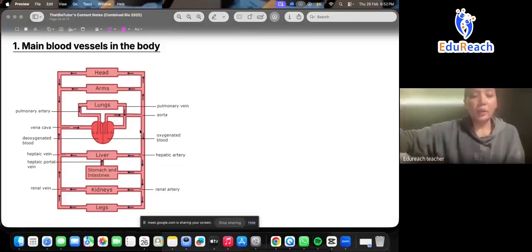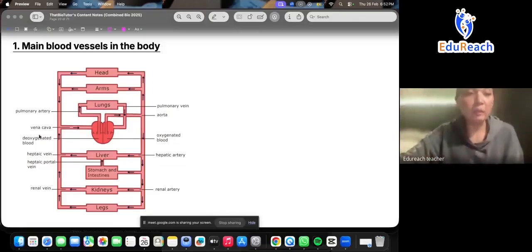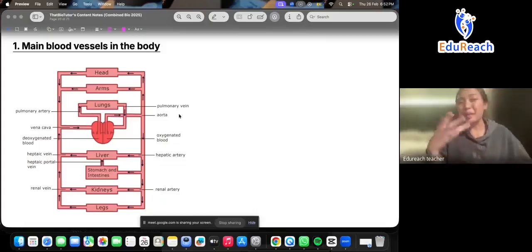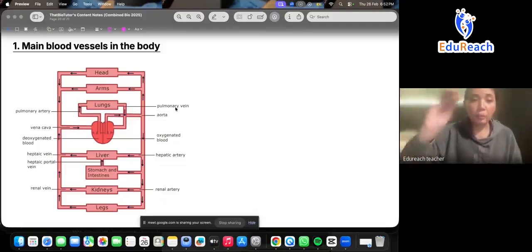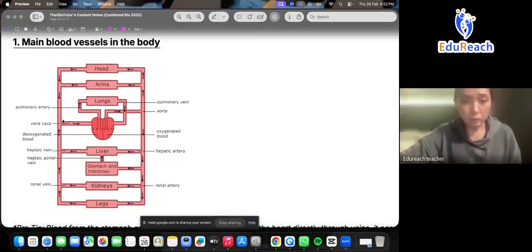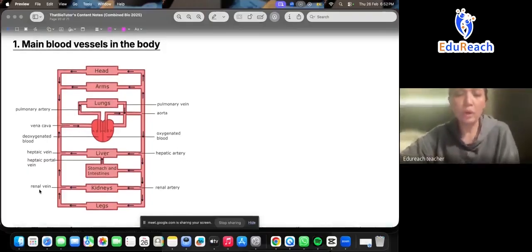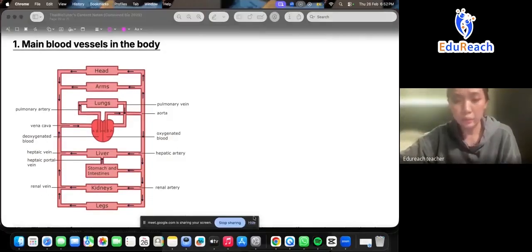Likewise, the main vein from the rest of your body back to the heart is the vena cava. Okay, the word pulmonary here describes from the lungs. So from the lungs back to the heart is your pulmonary vein, and then from your heart to the lungs would be your pulmonary artery. So please take note of these words here: pulmonary, hepatic, and renal, and know which organs they are associated with.